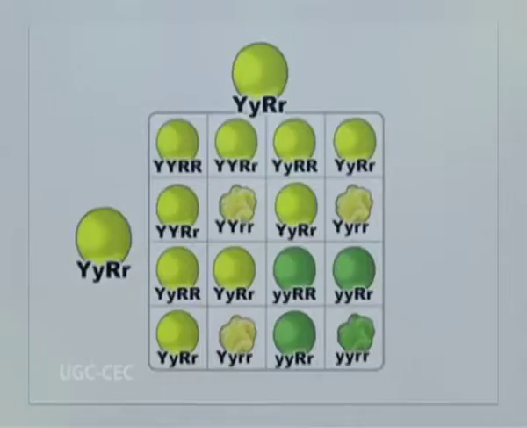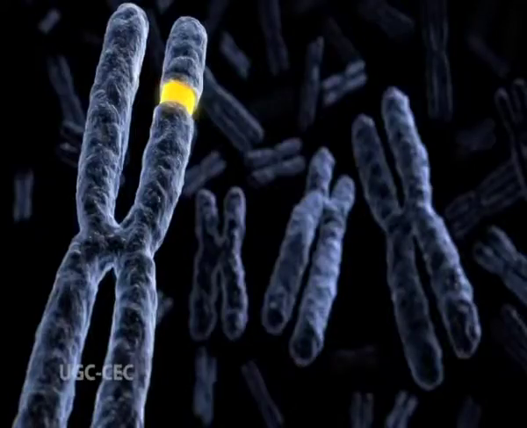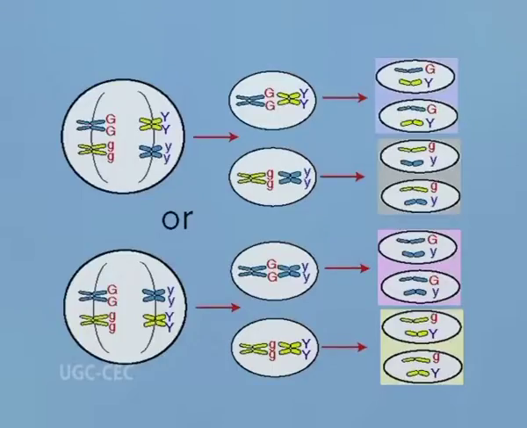Based on the results obtained from the dihybrid cross, Mendel made an important observation and gave the law of independent assortment. The law states that when two independent traits controlled by two separate distinct genes or factors are inherited together, during the formation of gametes, the genes for each trait are segregated independently.